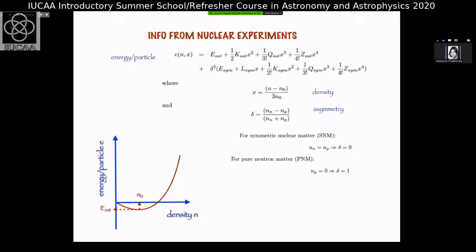On the other hand, the symmetry energy is the derivative with respect to asymmetry, so basically del squared E over del delta squared. And L_sym is the slope of that with respect to density, so del E_sym over del x. So all these terms, L_sym, K_sym, Q_sym, Z_sym, are the higher order terms of the derivatives of E_sym.